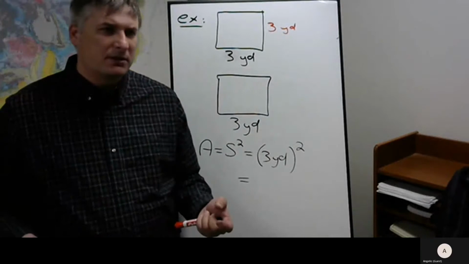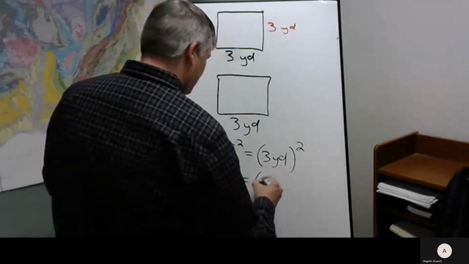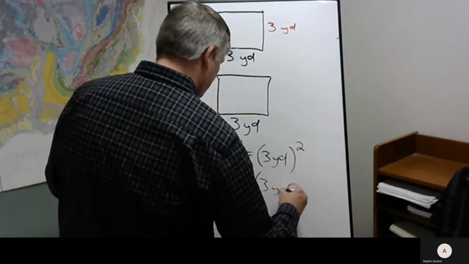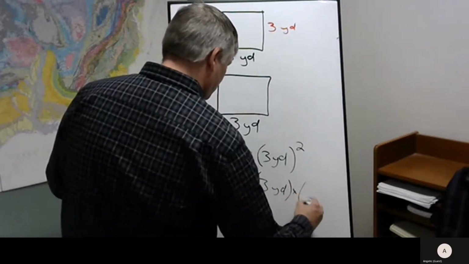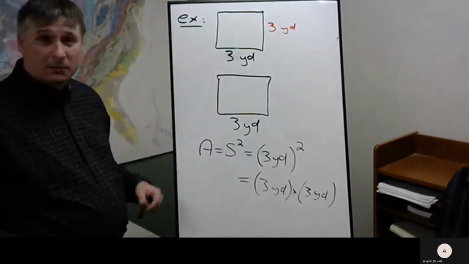Anytime you square something, this just means 3 yards times 3 yards. And we get the same result.